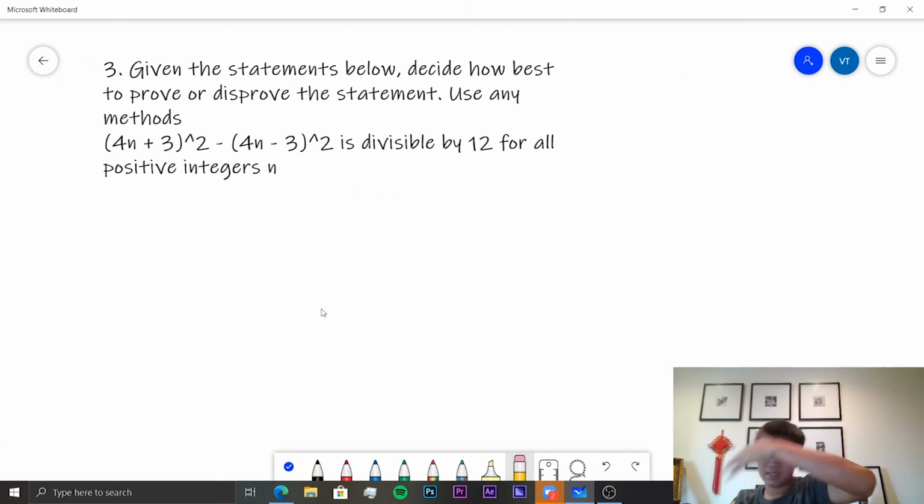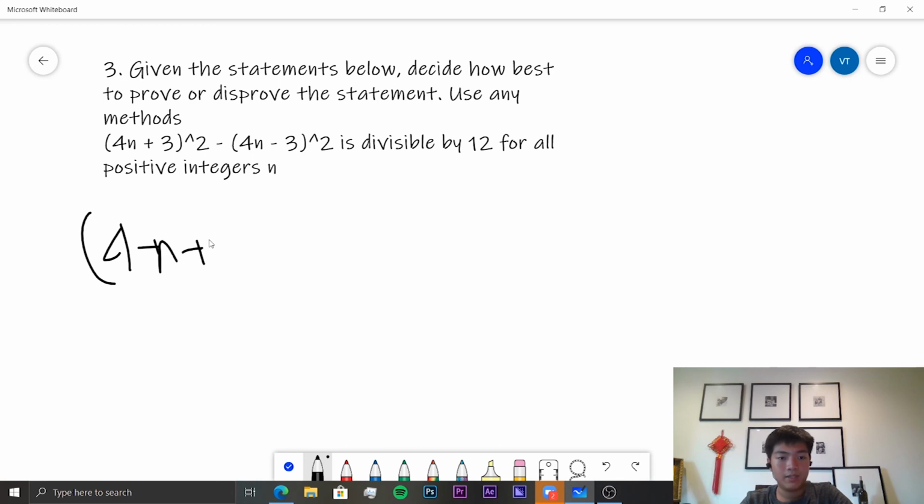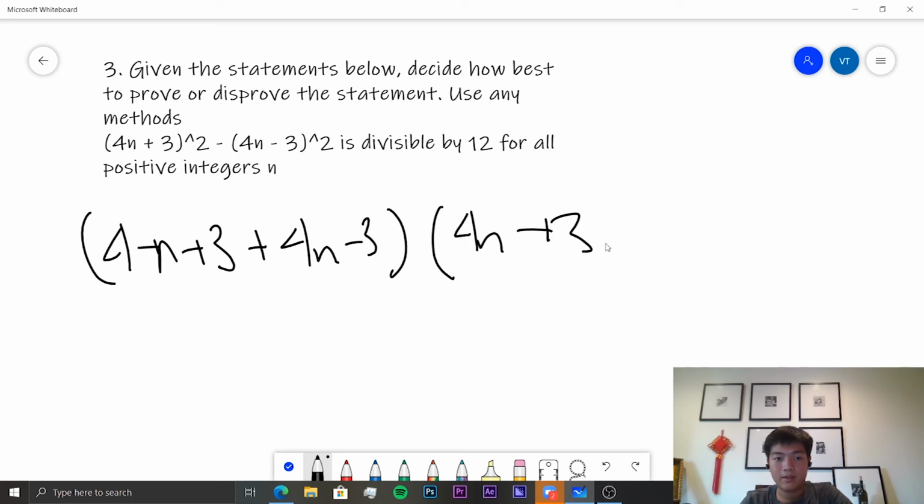I think this looks like a direct proof, but let's just see, because I just want to expand these two just to make sure. So 4n plus 3 squared minus 4n minus 3 squared is going to be equal to 4n plus 3 plus 4n minus 3 times 4n plus 3 minus 4n plus 3.